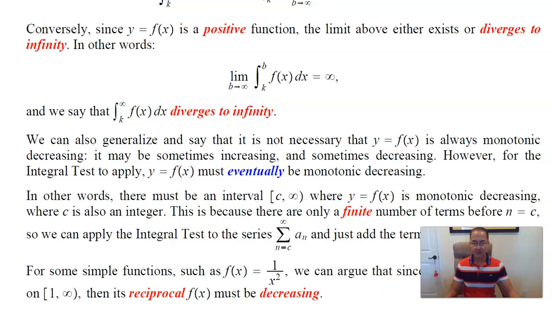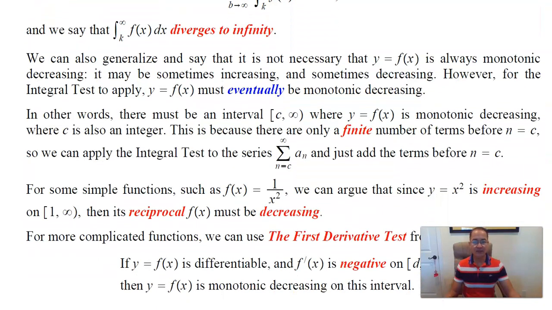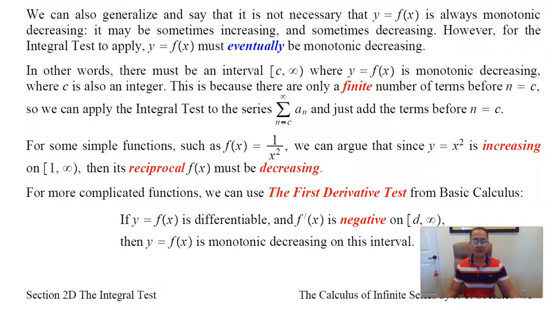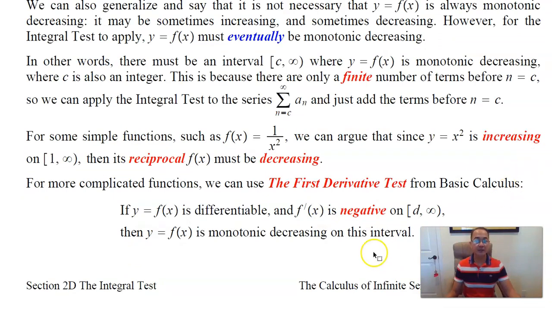Okay, so when we had our 1 over x to the 7/5, it's easy to see that that function is monotonic decreasing because we have a positive power of x in the denominator. So it will be true also for 1 over x squared, let's say, a much nicer exponent.